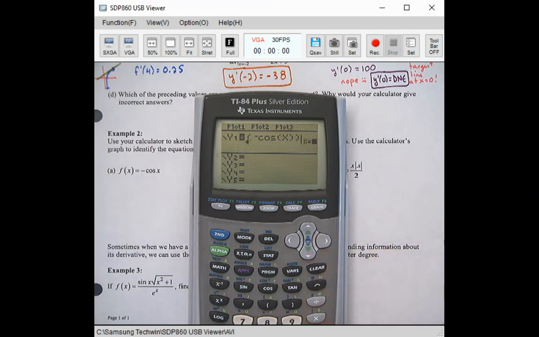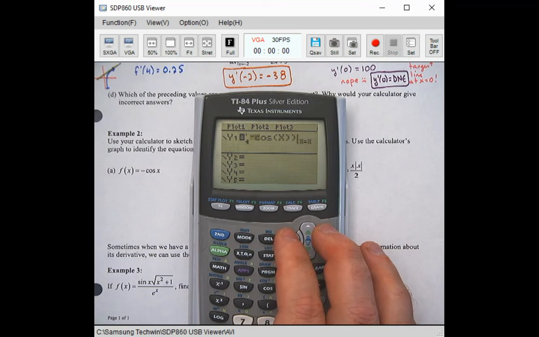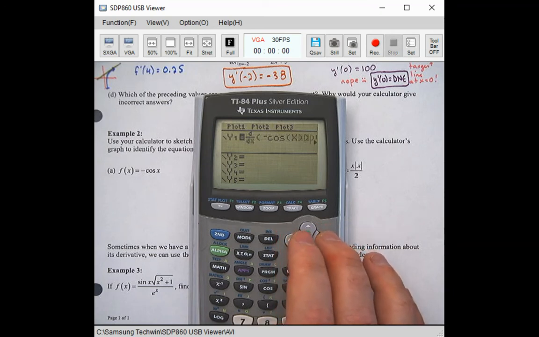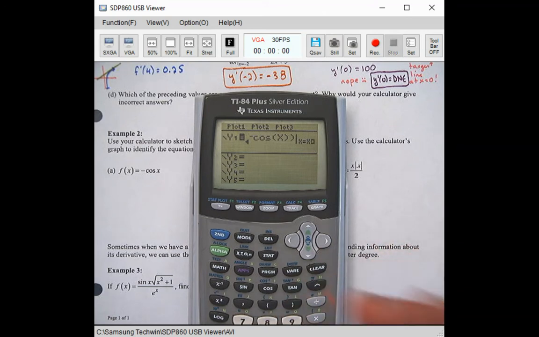Now think about this. What do we want x to be? Well, if I put a number in there, it's just going to give me a number, the derivative at a specific spot. I want to figure out the derivative for when x is every x number. So what I'm going to actually do is I'm going to leave that as an x. So when I want to graph the derivative, I want to type in the derivative formula just like we would do on the main page, but then I want to derive it as x approaches x, and now I get a graph.